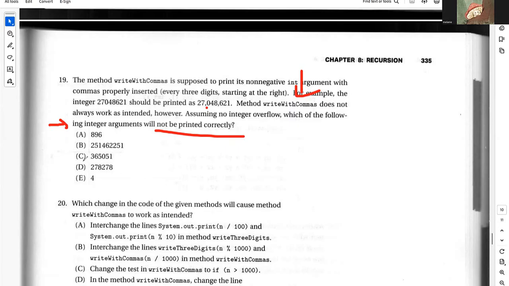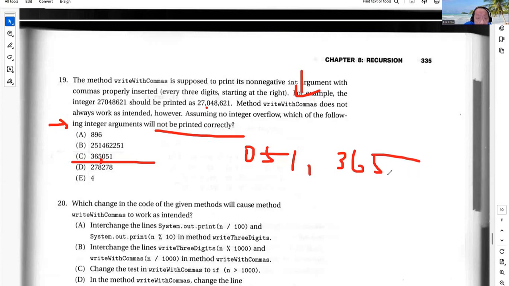C. This one will create trouble because it's not symmetric. You become 0, 5, 1, 3, 6, 5. But if it is symmetric, then it's okay.